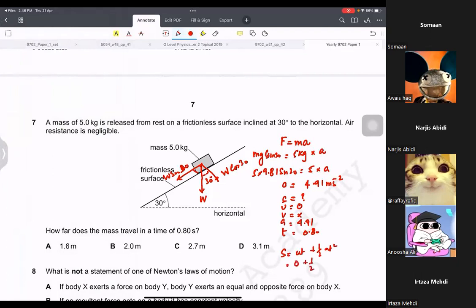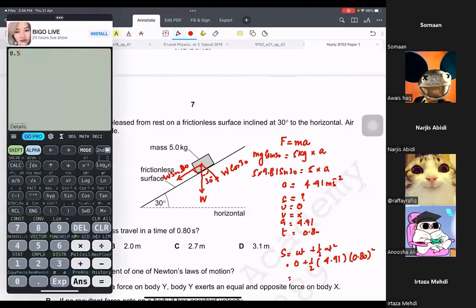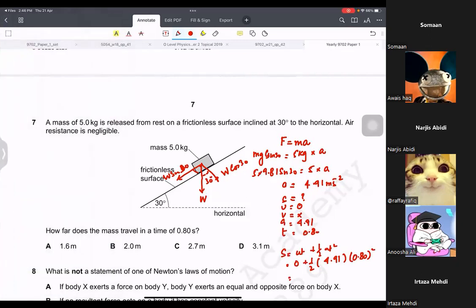This will be 0 plus half times 4.91 times 0.80 squared. Okay, I'm getting 1.58, which is of course the answer A.